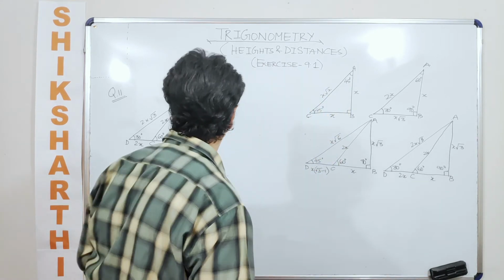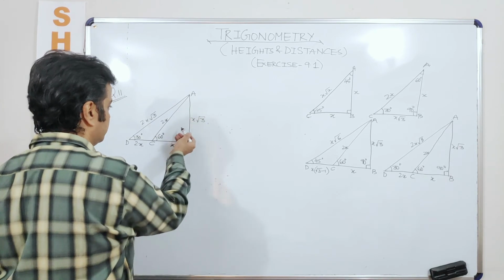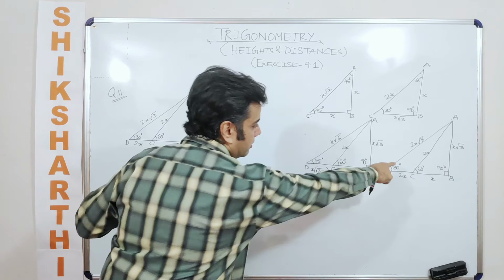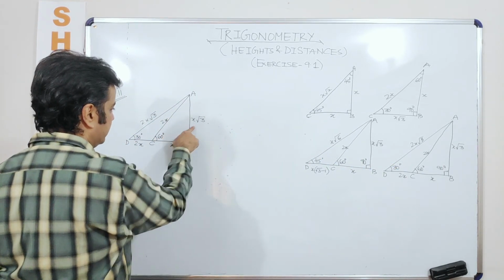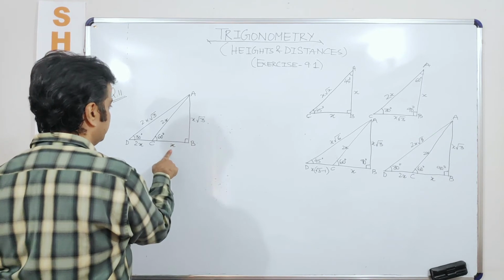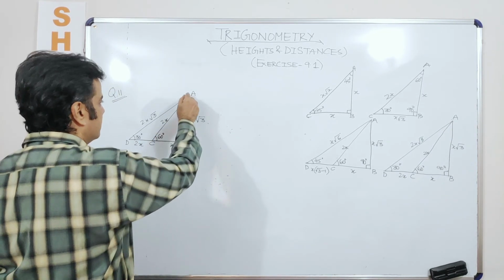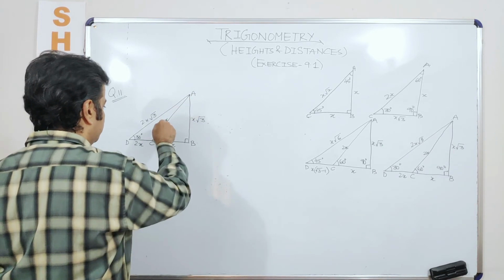Okay. So what I have done here is I have just drawn the diagram and put in the values. What are the values? If I talk about the triangle, I am just using the values from here. So x root 3 is the side opposite to 60 degrees, in that case BC becomes x, and the hypotenuse, which is the line of sight of the top, becomes 2x.